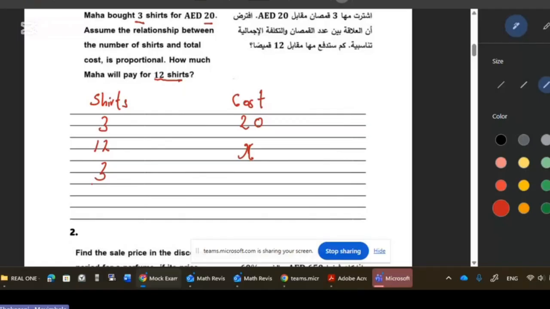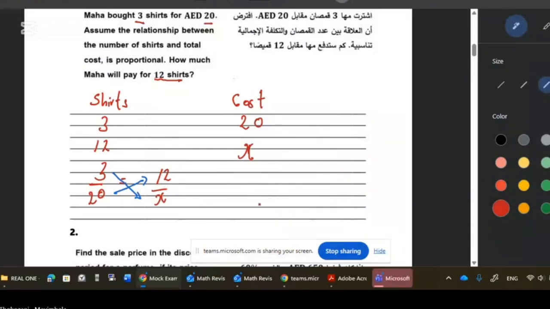If I do a proportion to be 3 over 20 equal to 12 over x. So you're having something like this, right? Then from there, you can just cross multiply, because now you have your proportion there, because they say this is proportional.